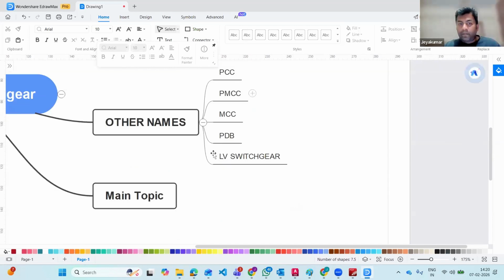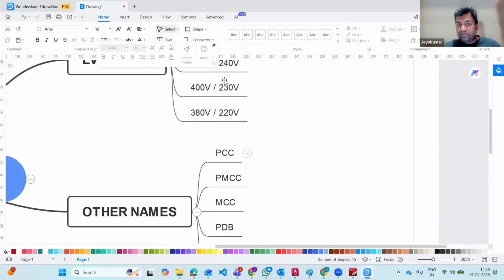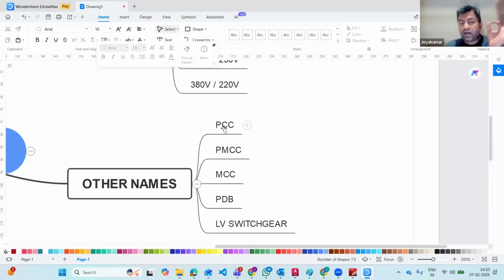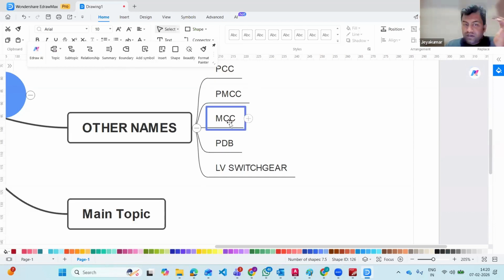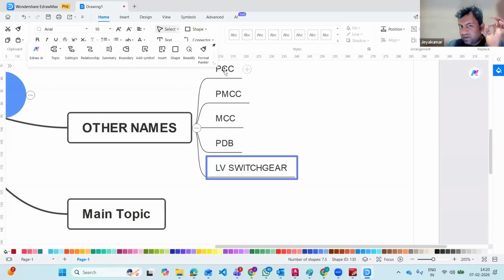Okay. So now when we say PCC, it indicates power control center. When we say PMCC, it indicates power and motor control center. When we say MCC, motor control center. When we say PDB, power distribution board, maybe a smaller distribution board. When we say LV switchgear, again it talks about this one only.